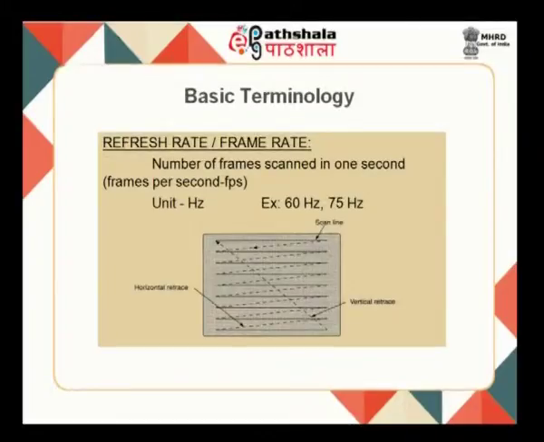We tend to feel a lot of strain on the eyes even at 60 Hz. So, please change the setting to 70 or 75 Hz if you have an olden day CRT monitor like display device.